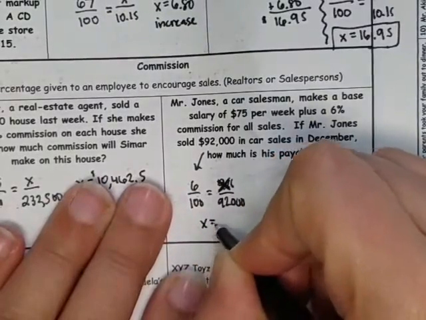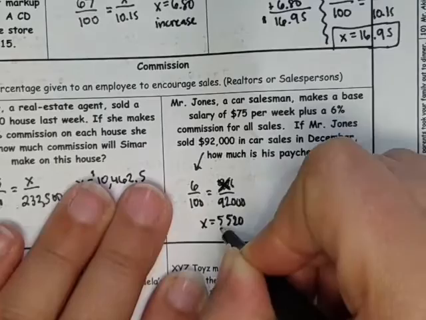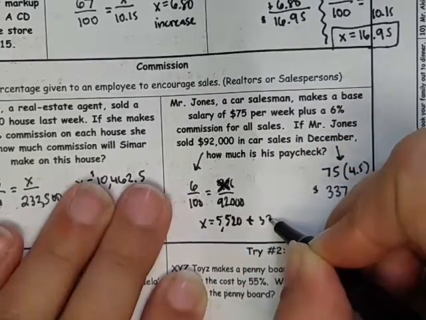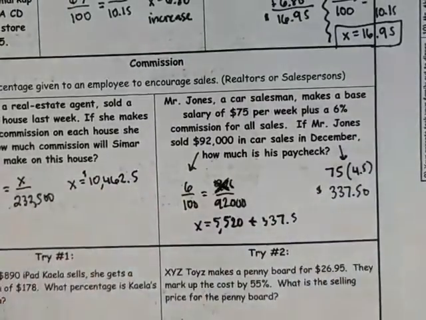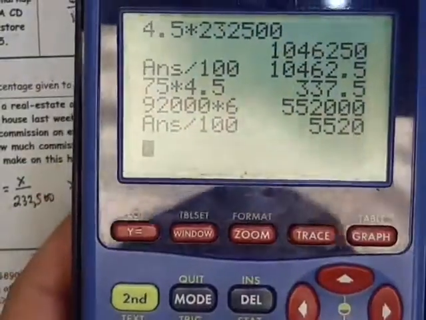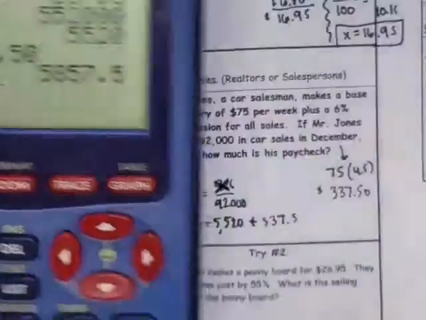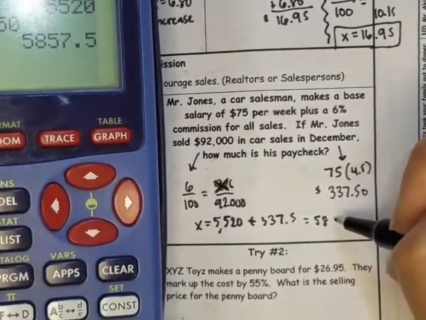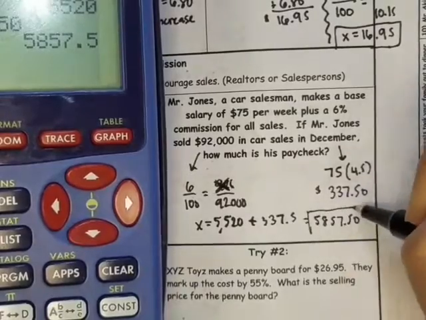So he's going to make $5,520 plus the $337.50 that he already makes as his base pay. So $5,857.50.